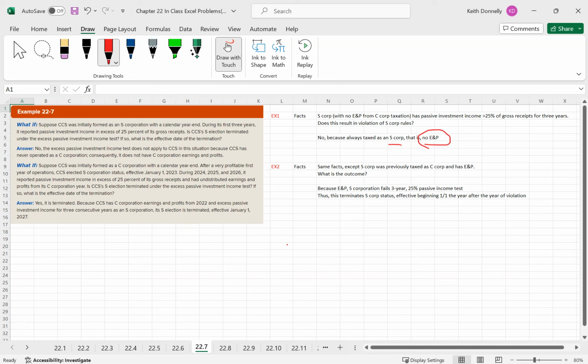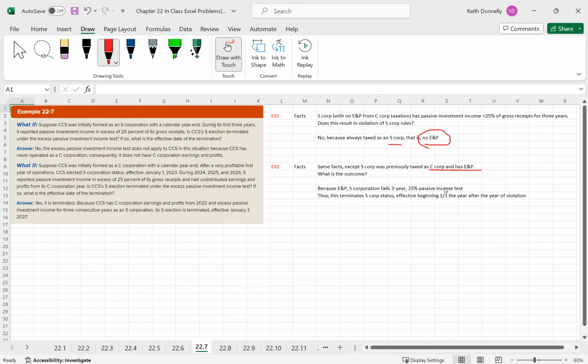In distinction, you can be an S Corp right off the bat. Hey, we form and are taxed as a C Corp in year 1, and we immediately make the election to be an S Corp. There is no E&P. De facto, we've always been an S Corp. So we'll talk about that next lecture. I'm just prefacing it for when we get there. But the idea here is, the second one is, we do have E&P.